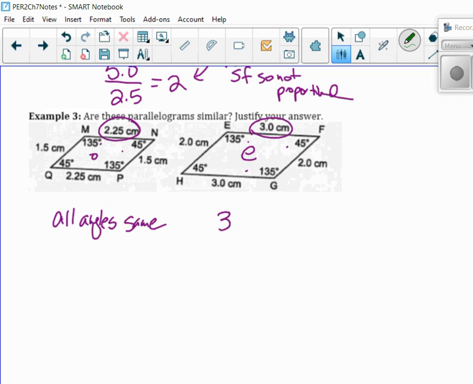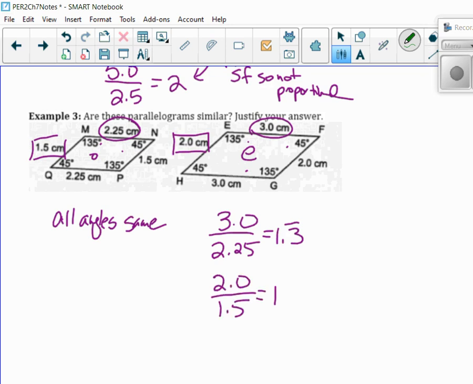So 3.0 divided by 2.25 gives me 1.3 repeating. And then if I go that way, I get 2.0 divided by 1.5, and I get 1.3 repeating. So they are the same scale factor. Now, again, remember, I've got to put this in the right order.